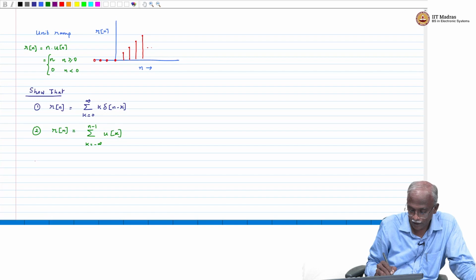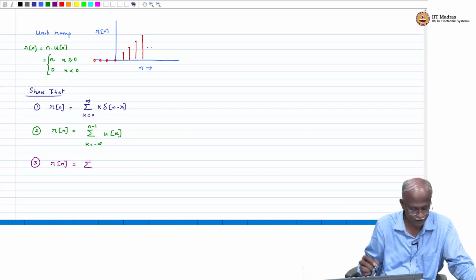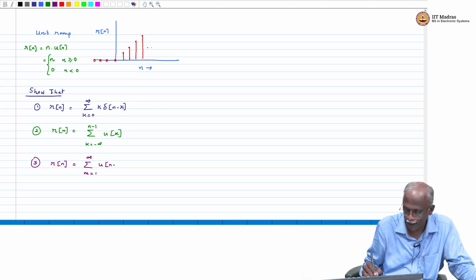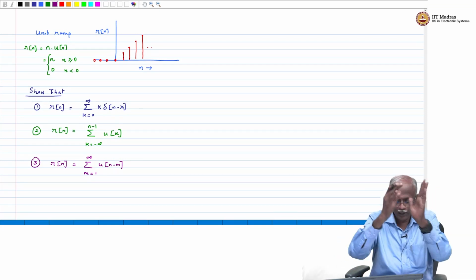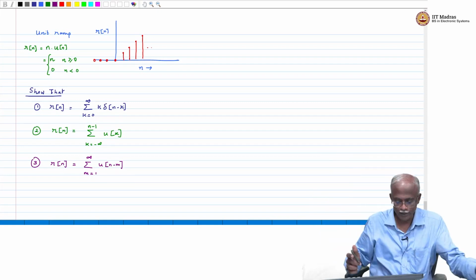The third one that I want you to show, that the ramp function can be written as a sum of shifted unit step functions, starting with m equal to 1 going all the way through infinity, u of n minus m. Notice that you start with u of n minus 1, then u of n minus 2, and then keep adding all of them, you will find that you get the unit ramp function.